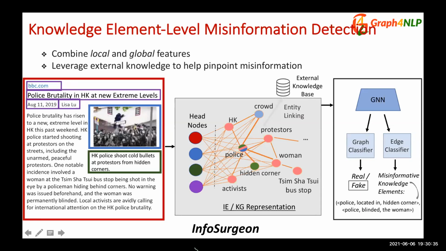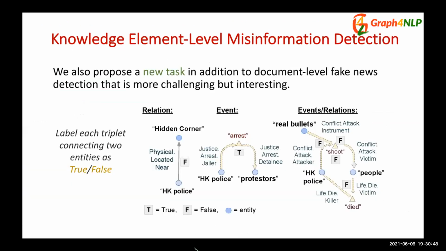So if we can construct the multimedia knowledge graph, then we can look at the consistency across the different triplets. And if one triplet does not get enough support from other data modalities, maybe it's a fake triplet. So here maybe the attack event did not happen. The blinded event also did not happen.